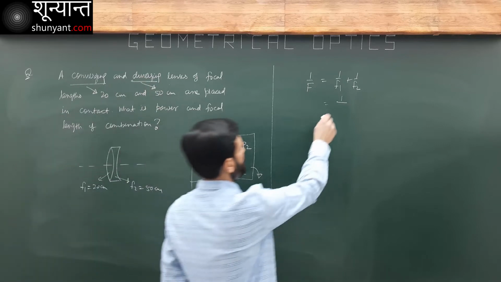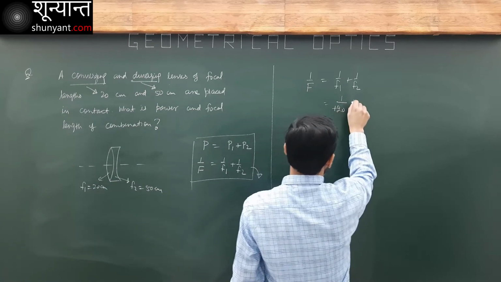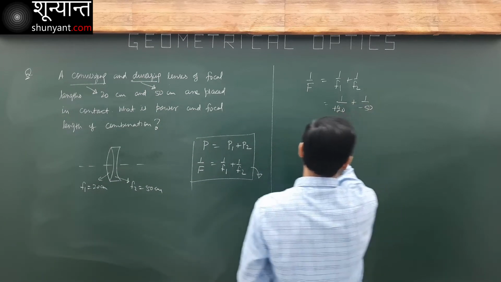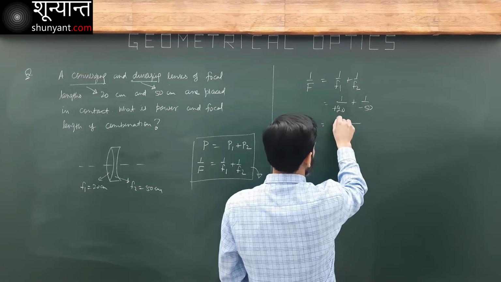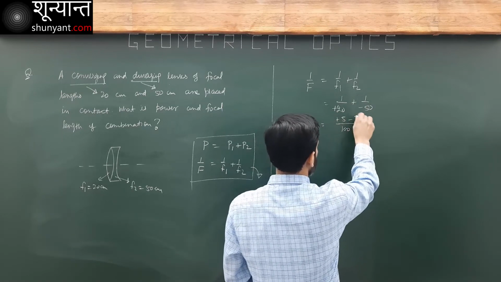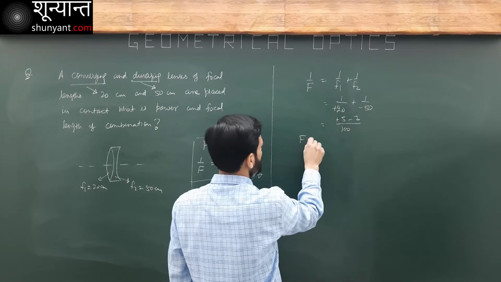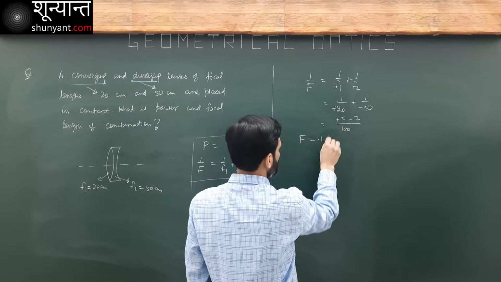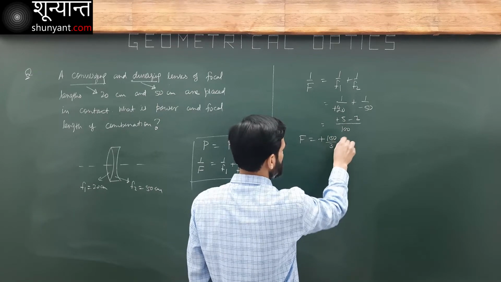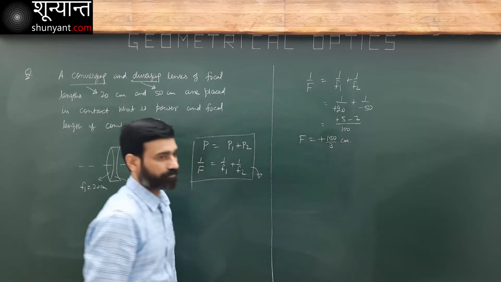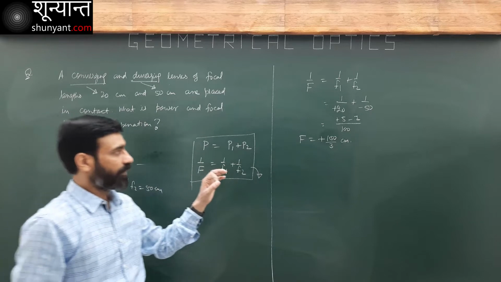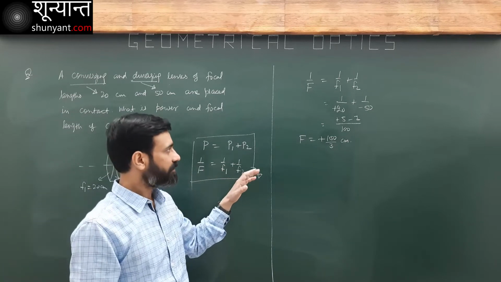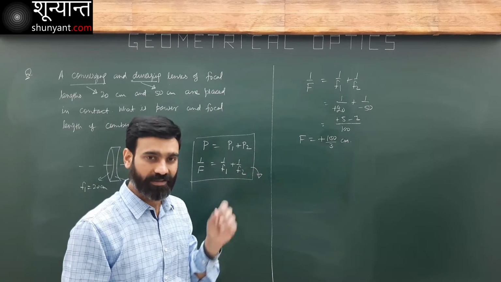Converging focal length is positive, so plus 1 over 20 plus 1 over minus 50. This becomes (5 minus 2) over 100. So the focal length becomes plus 100 over 3 centimeter. This is the focal length of the combination.